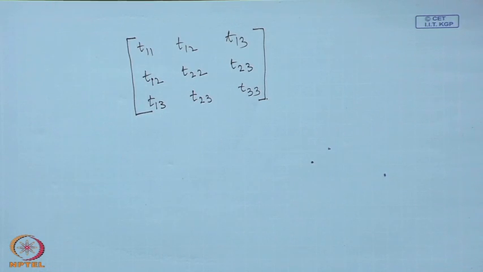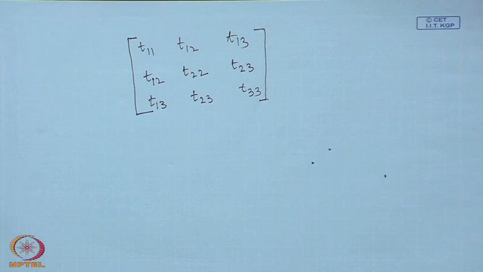Now, T11 is the force per unit area acting along direction 1 on a surface to which direction 1 is normal. Think in terms of x, y, z, because that might be more comfortable. If it is Txx, then it is the x component of the force per unit area acting on a face which is normal to x.